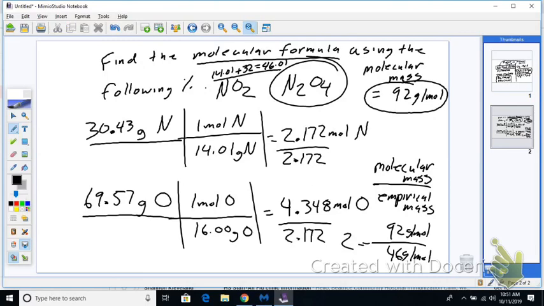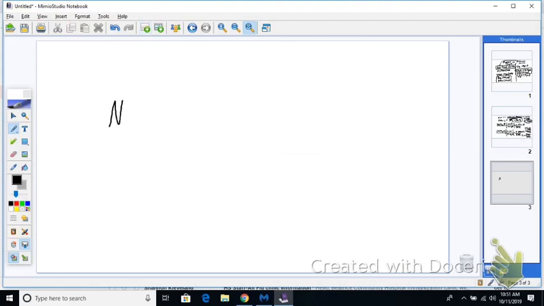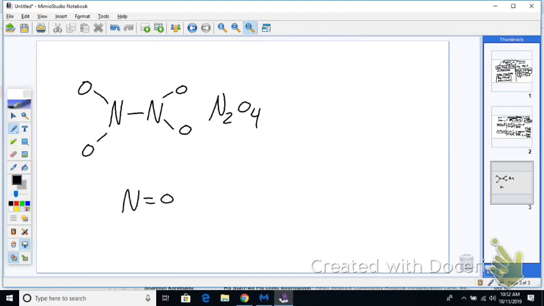All right. Last thing I'm going to talk to you about. This is the structure for N2O4. Okay? Don't write this down.